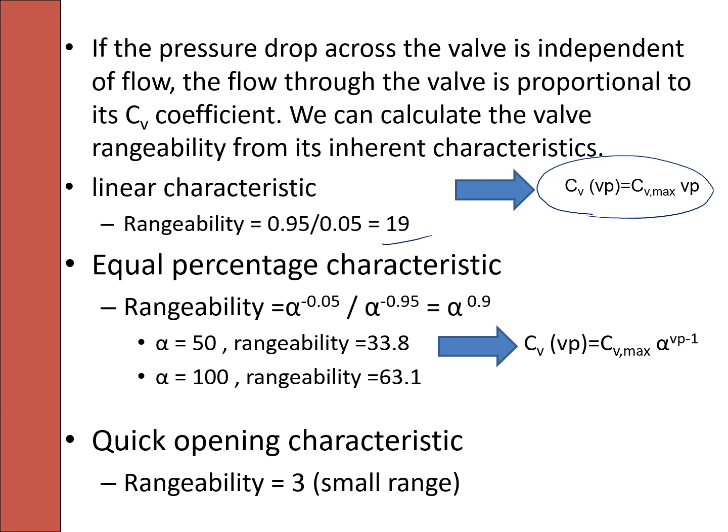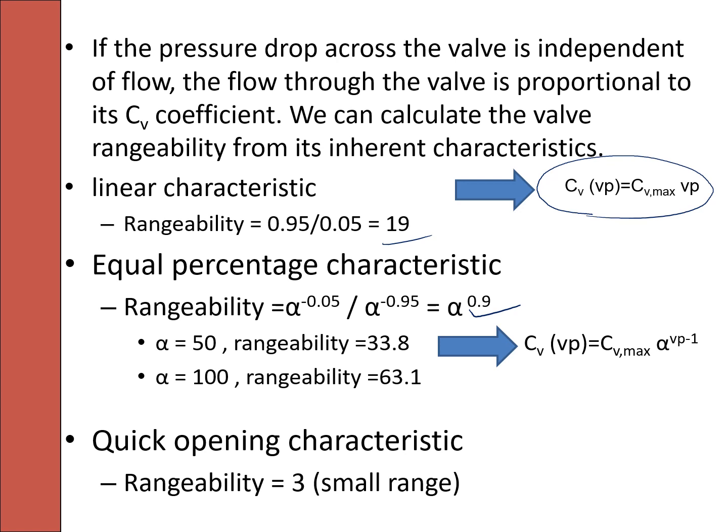For the equal percentage characteristic, we need to depend on the exponential function. So we need to divide the exponential for 95% over the exponential for 5%, and we get this value. Like I mentioned before, the A value can be 50 or 100, so the rangeability would have two different values also.